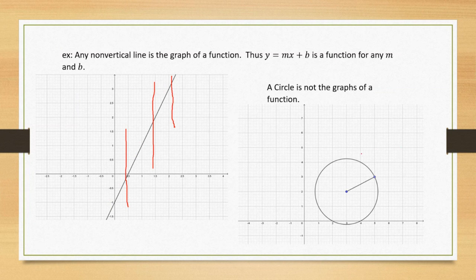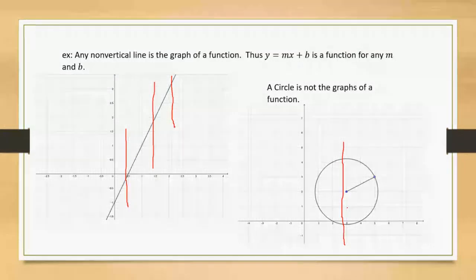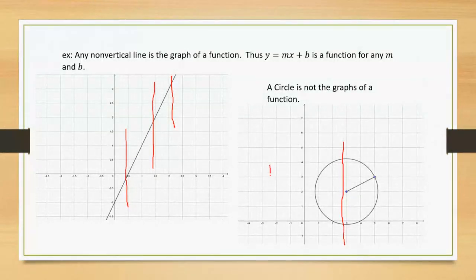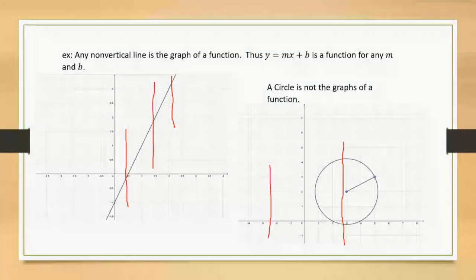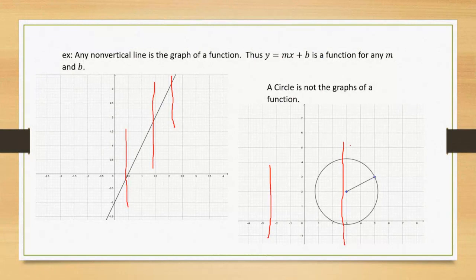Notice here that the circle is not a function. It's not the graph of a function, because you can see there's a vertical line here that intersects the graph twice. Here we have a vertical line that doesn't intersect the graph, but this vertical line intersects it twice. So because of that, a circle is not the graph of a function.